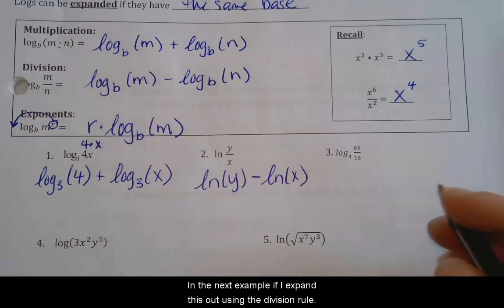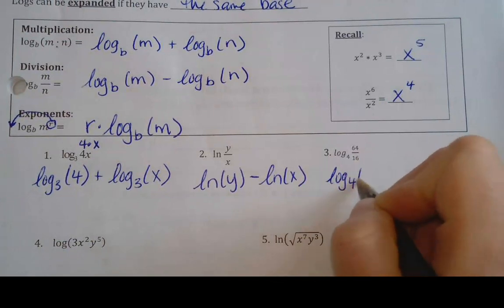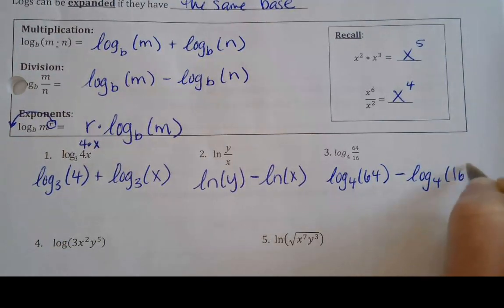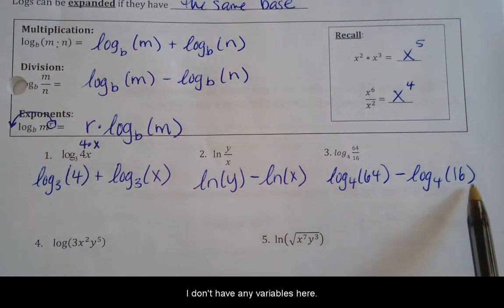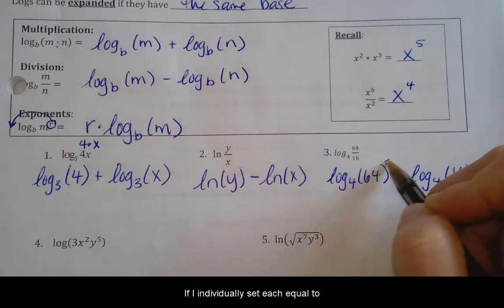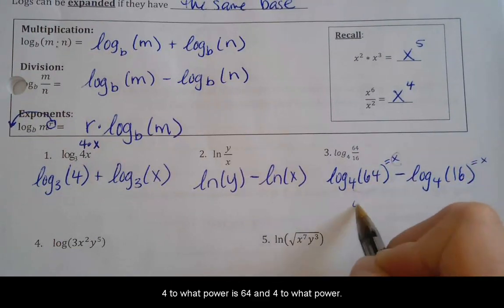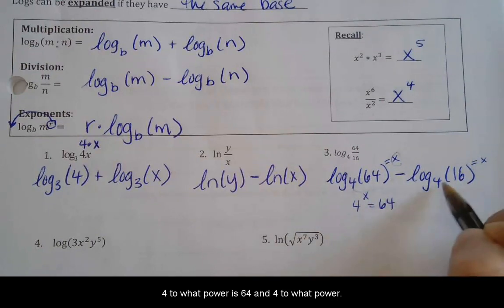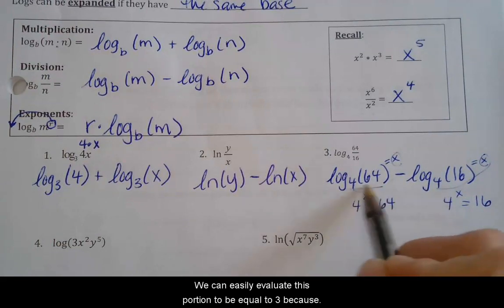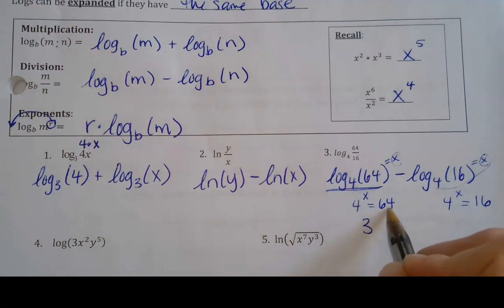But in the next example, if I expand this out using the division rule, so log base 4 of 64 minus log base 4 of 16, I don't have any variables here. And if I do that same property that we did yesterday, or if I individually set these equal to x and do a little lasso, 4 to what power is 64 and 4 to what power is 16, we can easily evaluate this portion to be equal to 3 because 4 to the third power is 64.